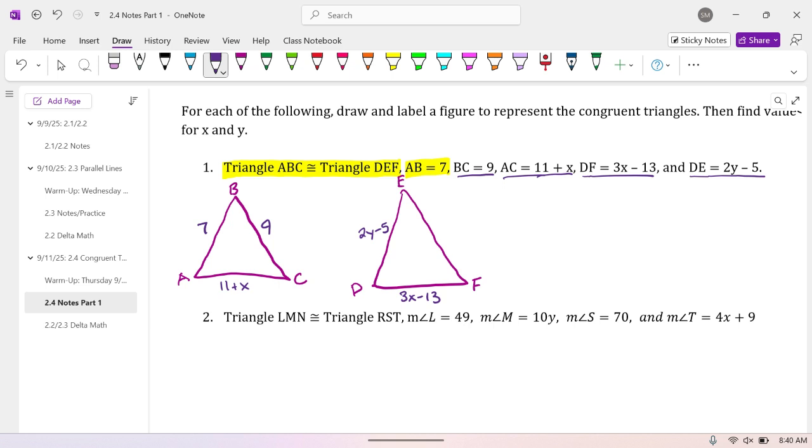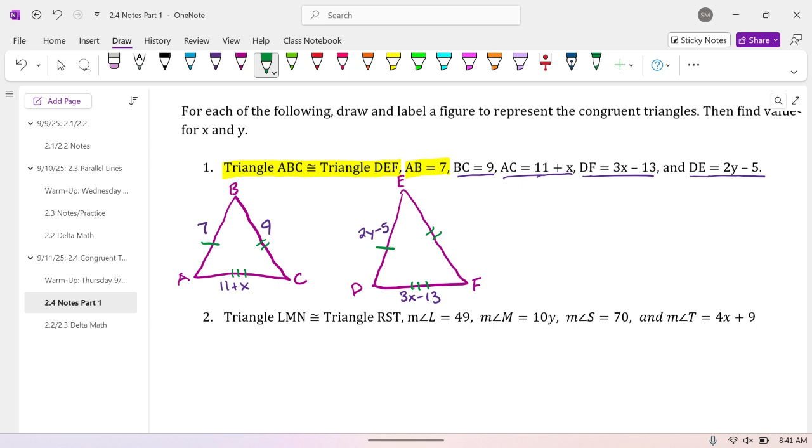So, based off the triangle ABC being congruent to DEF, what are my corresponding sides? A, B, and D, E are congruent. What else? B, C, and which? E, F. And then that leaves A, C, and D, F. All right.